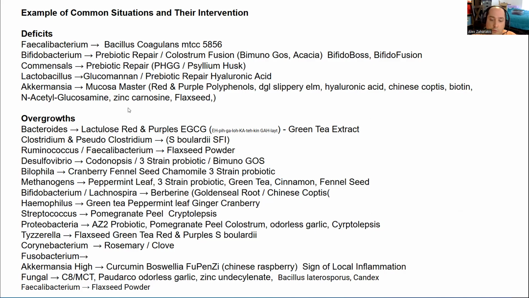In certain situations, probiotics will help emphasize things, not necessarily the species or strain you're looking for. In this case, Bacillus coagulans has nothing to do with Faecalibacterium; it's just emphasizing it.